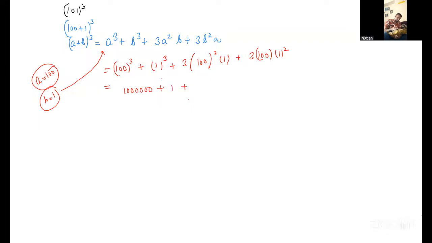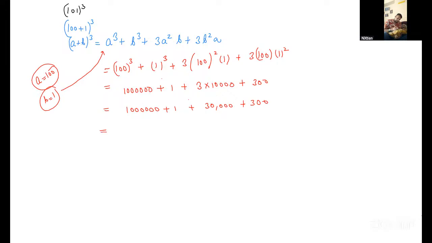So it becomes 1 and then 3 into 1, 2, 3, 4 zeros, plus 300. It will become 1, 2, 3, 4, 5, 6. 30,000 plus 300.